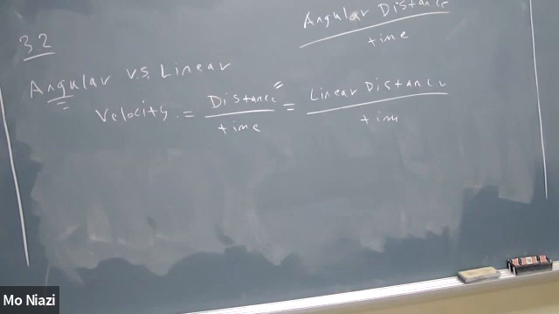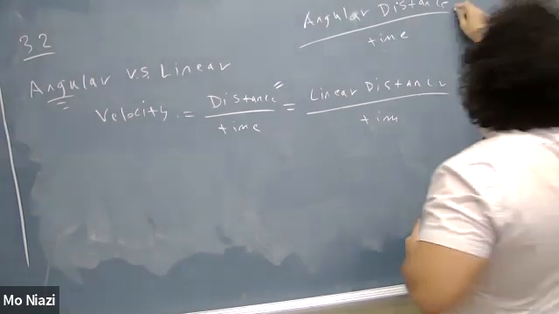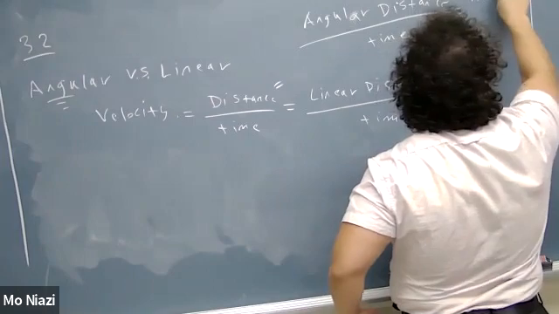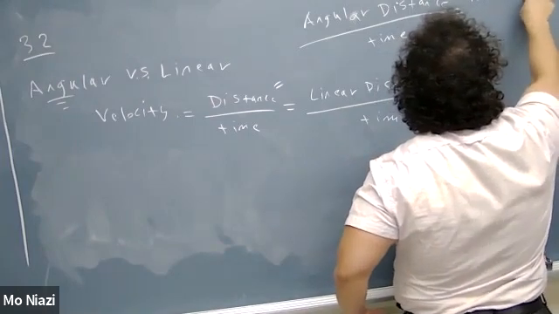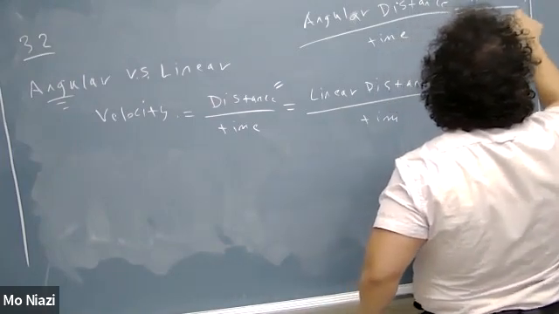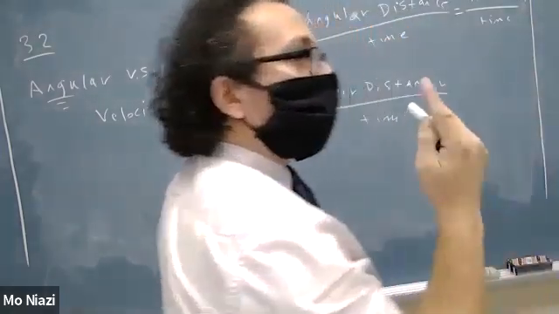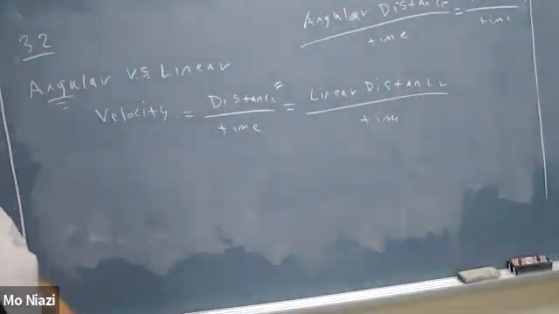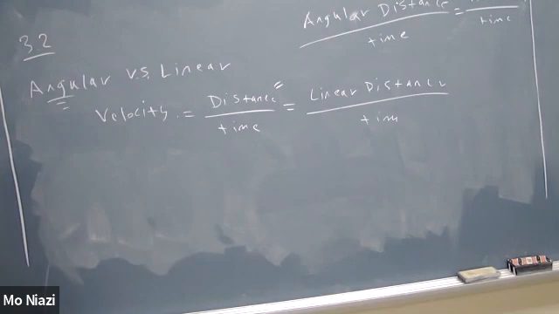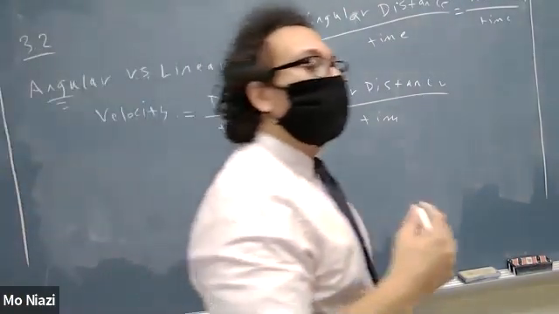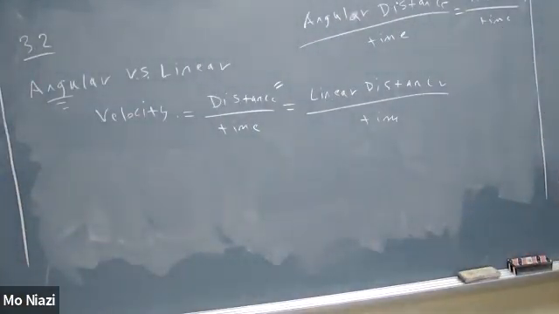Yes. Arc length. How much arc length is it going through per unit of time? It's 360 degrees. Yeah, you're barking up the right tree.